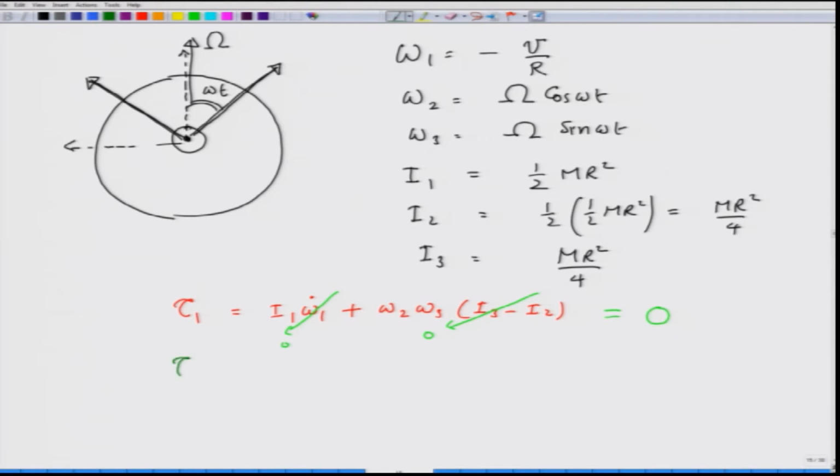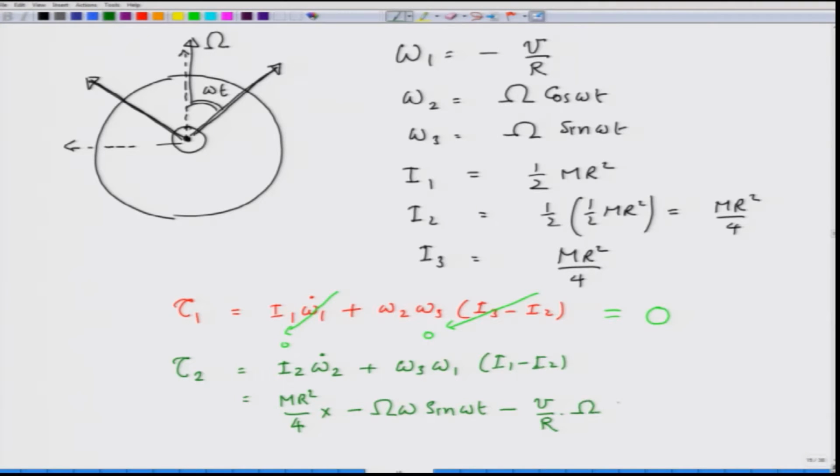How about tau 2? Tau 2 is going to be I2 omega 2 dot plus omega 3 omega 1 times I1 minus I2, and this comes out to be I2, which is mr square by 4, times omega 2 dot, which is minus capital omega omega sine of omega t, plus omega 3 omega 1, which is going to be minus V over R, omega 3 is capital omega sine of omega t, and I1 minus I2 is mr square by 4.